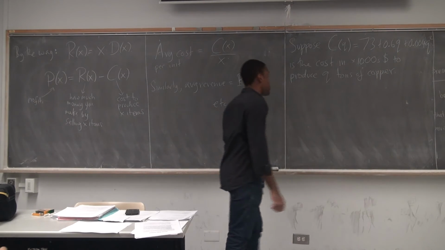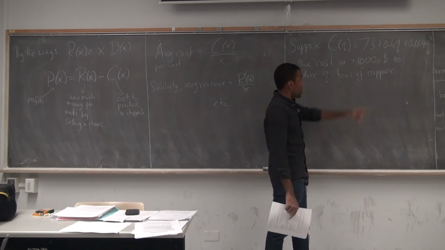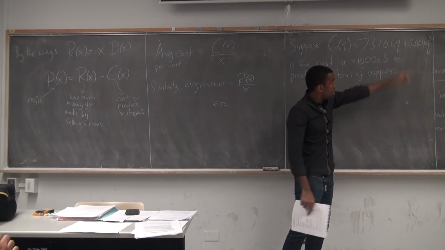So you're a copper mining company, and you figured out somehow that the cost to produce Q tons of copper in thousands of dollars is given by this function.